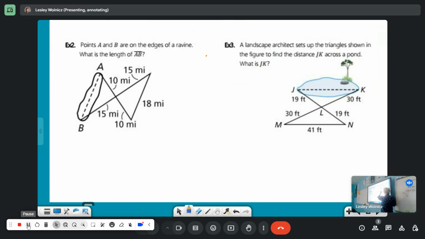I have a 10 mile and a 10 mile, and a 15 mile and a 15 mile. If only I had a pair of congruent angles somewhere. Oh, I have vertical angles. Now what do I know about my two triangles?